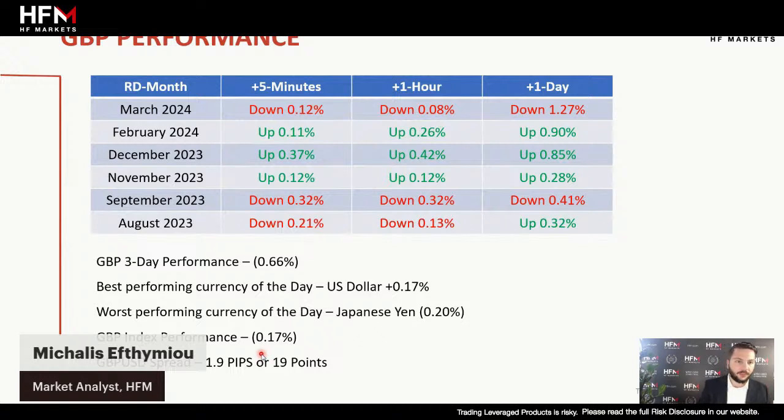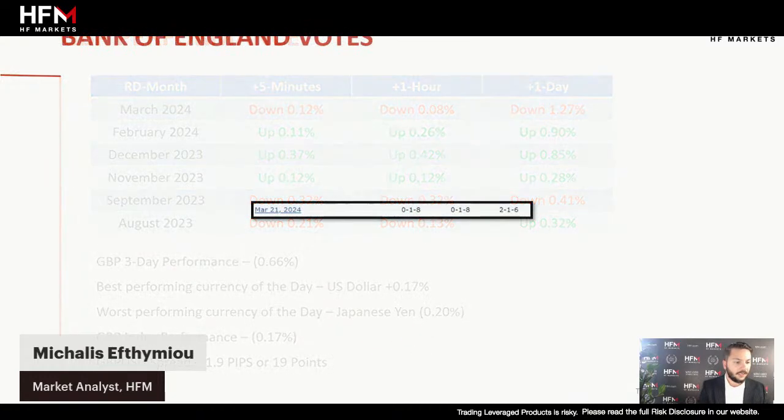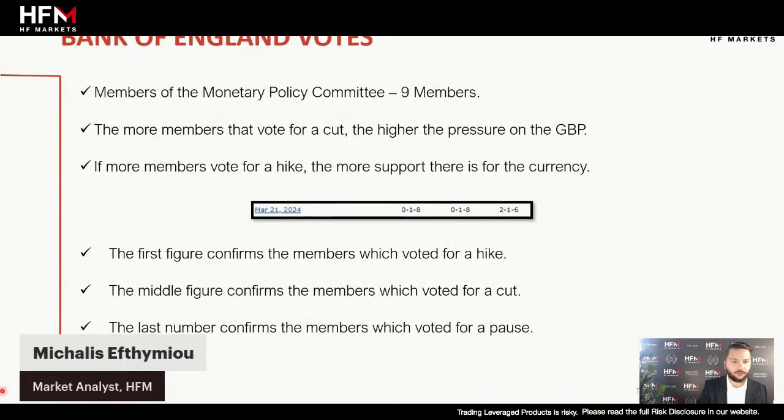The Great British Pound Index, which is the value of the pound against 6 currencies all put together as one index, is also down today. It's declined by 0.17%.